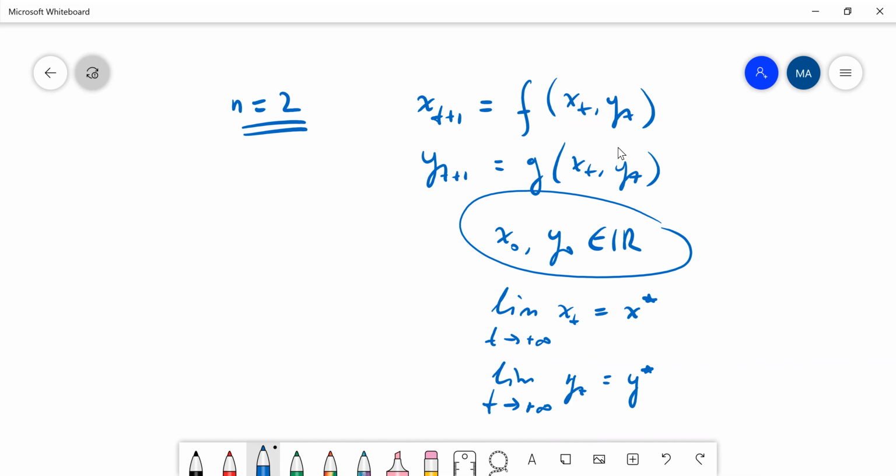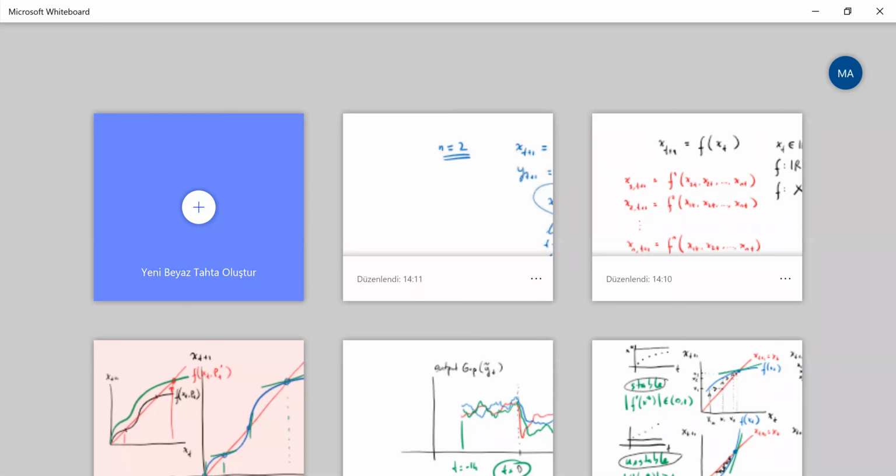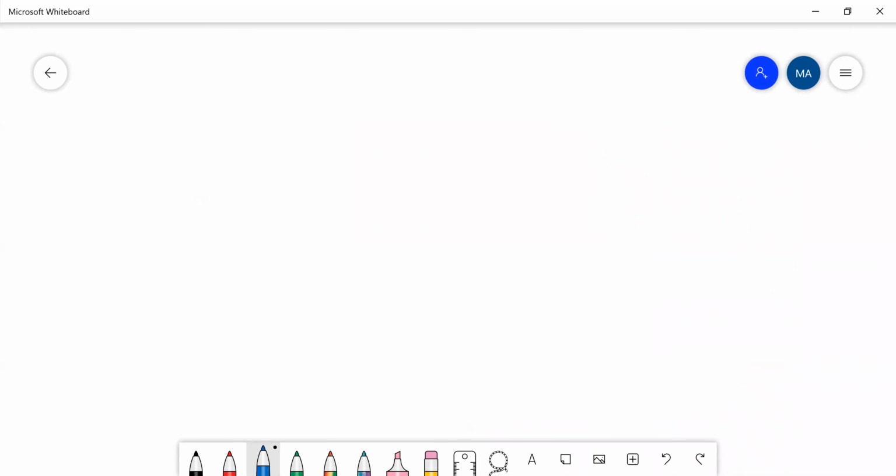Now, let me give you a couple of examples just to motivate what we're going to do. I have about 6 minutes, so I can introduce at least one example. So let's say this is example 1.